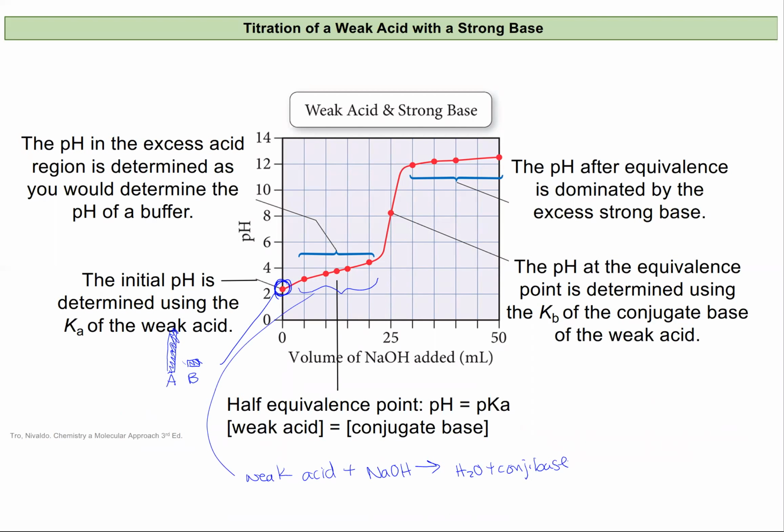And so during this region, we're going to see that acid concentration decrease and our base concentration increase. And so in this buffer region right here, we're going to start seeing closer to equal amounts of our acid and our base in solution.